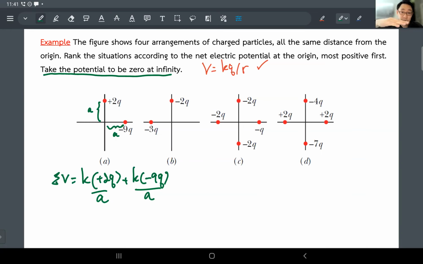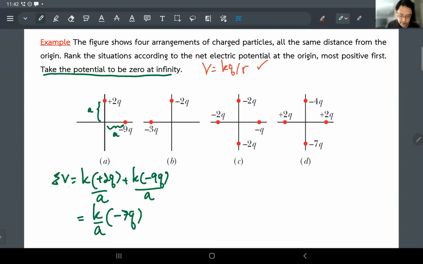When you are at the reference, that's your zero potential. And then you go below, you can have a negative one. So in calculation of the potential, you need to take the sign into account. That's why negative 9Q is there. And at the end, pull a common factor here, you get negative 7Q as your final.